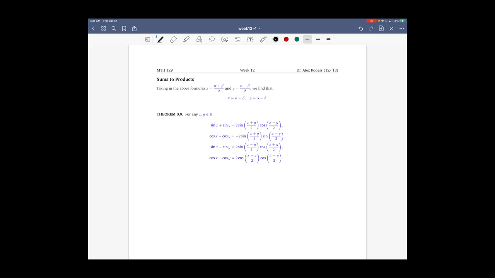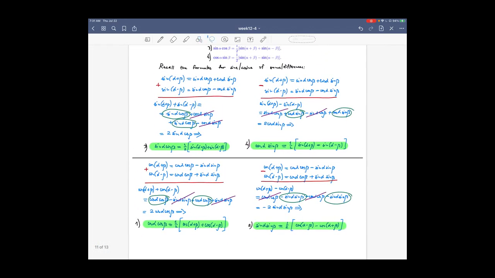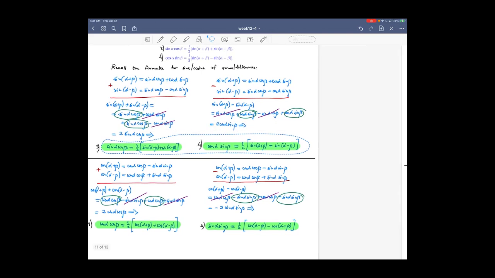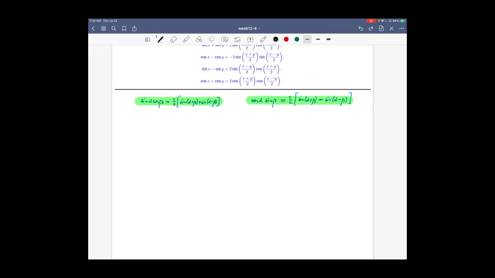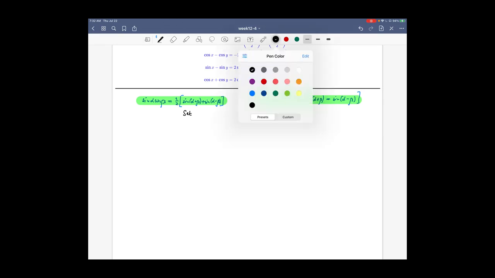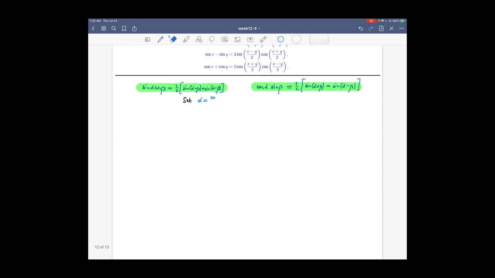So what we should do to prove them is simply take the formulas we have here and in each of these formulas we should set x to be alpha plus beta over 2 and y to be alpha minus beta over 2.